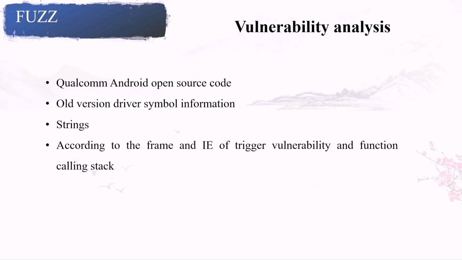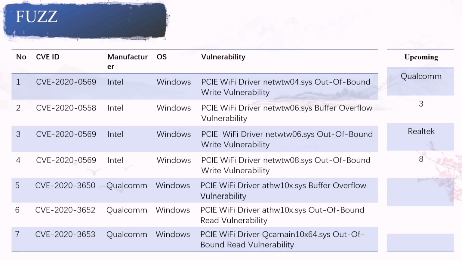We can only search for the symbol information of the old version on the internet, which is also very helpful to us. Also, we can use an IDA script to restore the function names in the binaries, because some strings contain function names or related information. Finally, we are able to analyze vulnerabilities by binary symbol information and the function stack after system crash.